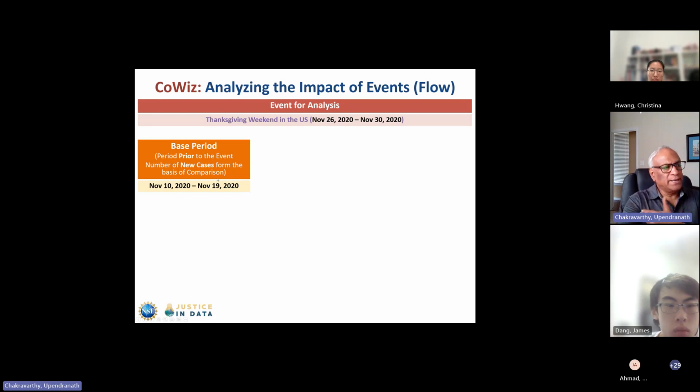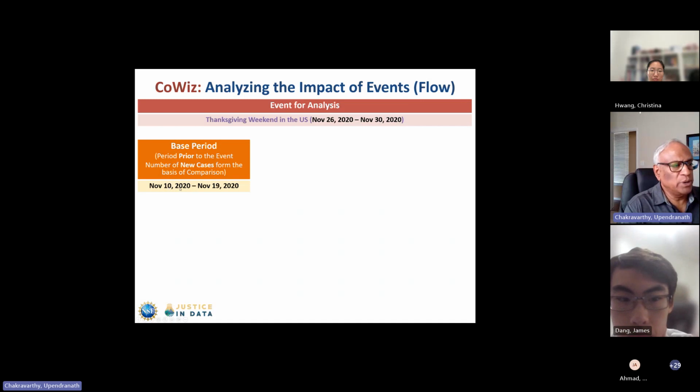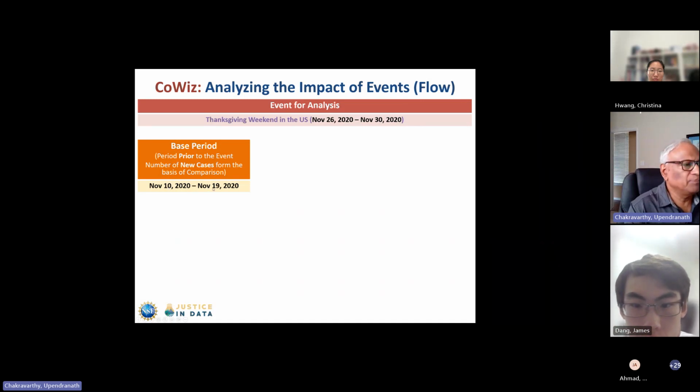So I'm explaining how it works when you go to this dashboard. We have a base period prior to the event, and the number of new cases forms the basis for computation. For example, Thanksgiving weekend in the US: you can choose a period before Thanksgiving, let us say November 10 to November 19, which is a 10-day interval.